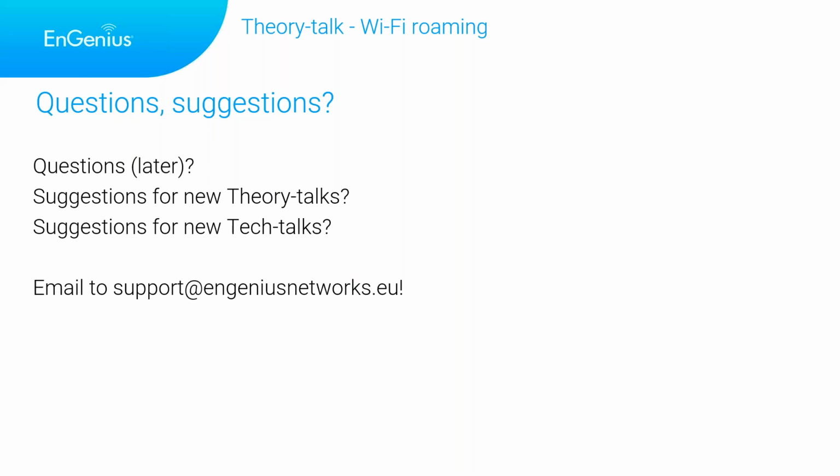Maybe in the future it will get better and better, but still using these rules, like using the right clients, preferably supporting K, R and V, putting in a nice channel plan, and setting your RSSIs on your EIRPs, the signal strengths for 2.4 and 5 gigahertz, correctly will improve the quality of the connections, and you should get a better result.